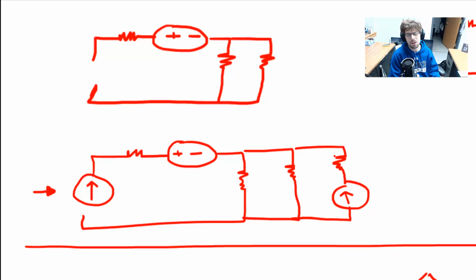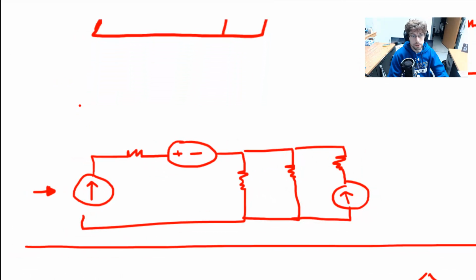And in fact, I'm not quite sure what this circuit does. There's a completed path here, but there's no completed path for the entire circuit. So it might even be that this potential supply doesn't do anything.